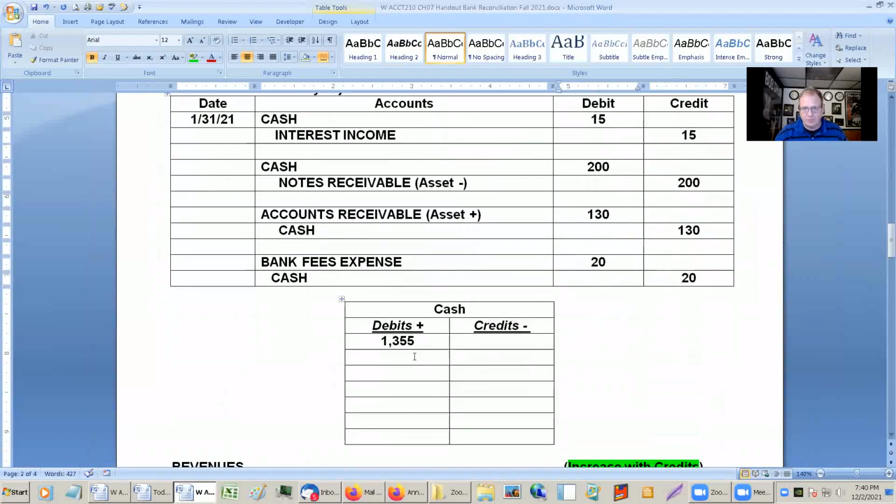Let's see. We have a debit for 15, we have a debit for 200.